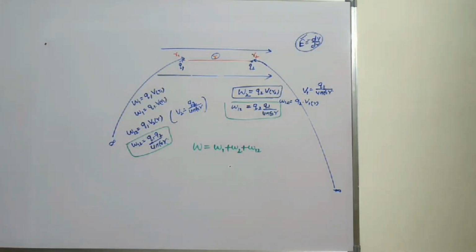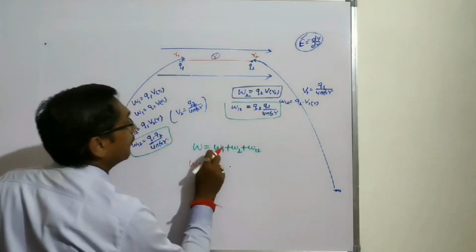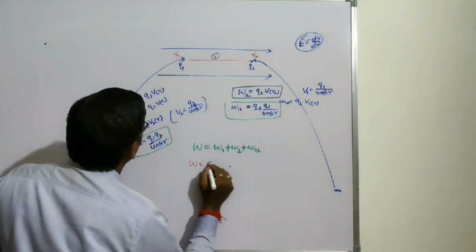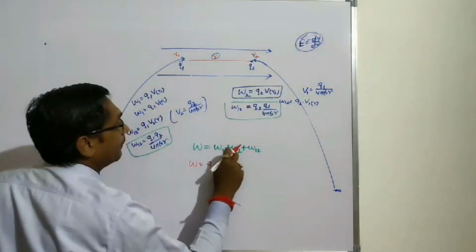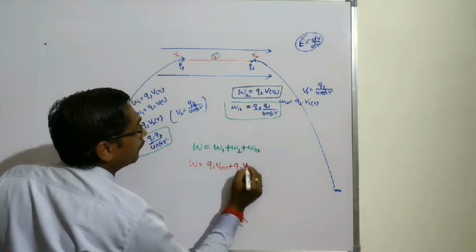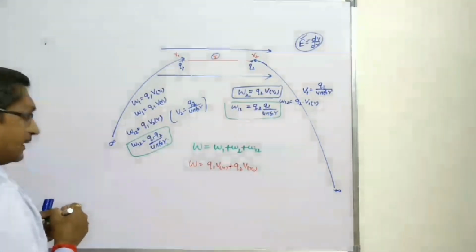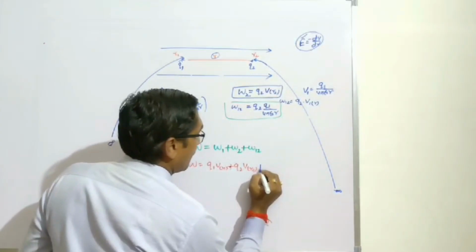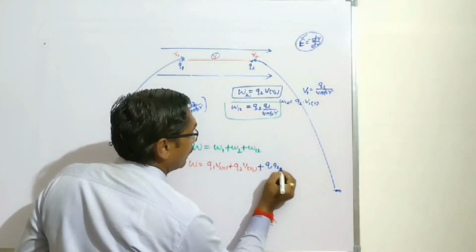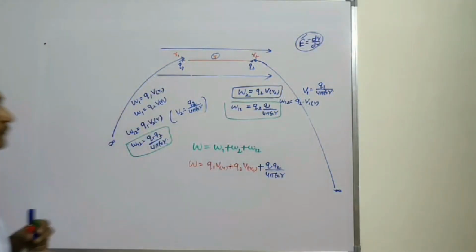So we find the expression: W equals W1, which is Q1 V(R1), plus W2, Q2 V(R2), plus W12 or W21, which is Q1 Q2 upon 4 pi epsilon naught R. Okay.